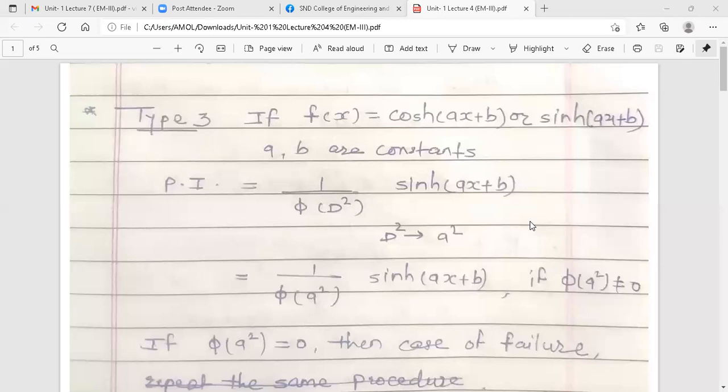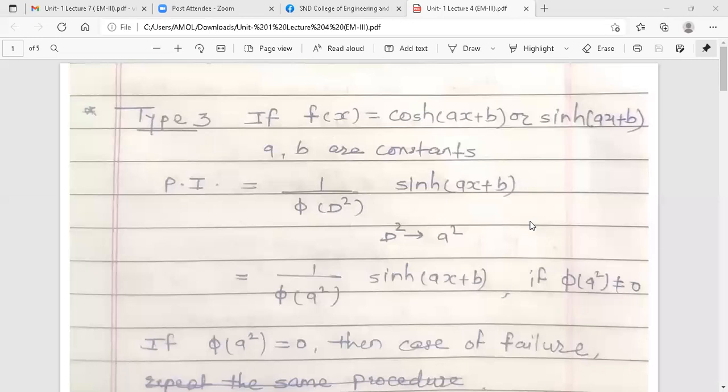The formula for PI is 1/phi of D square into sinh(ax+b). Then in that case, to find the PI, we replace D square by a square. We replace D square by positive a square and not the term of D.